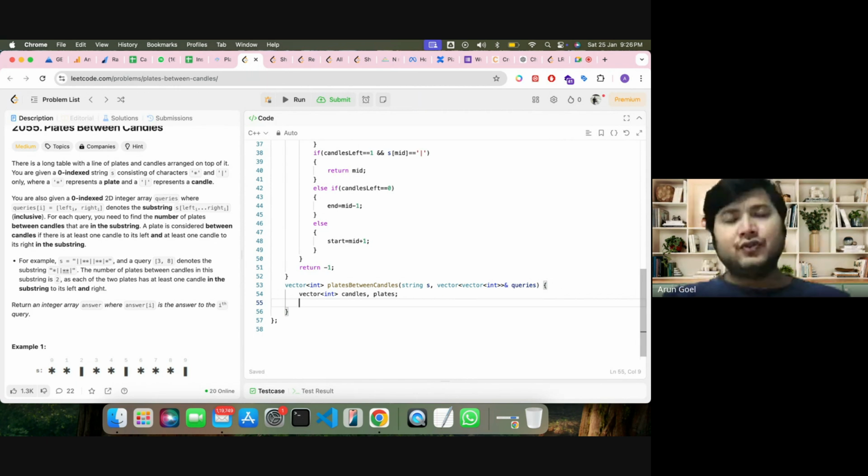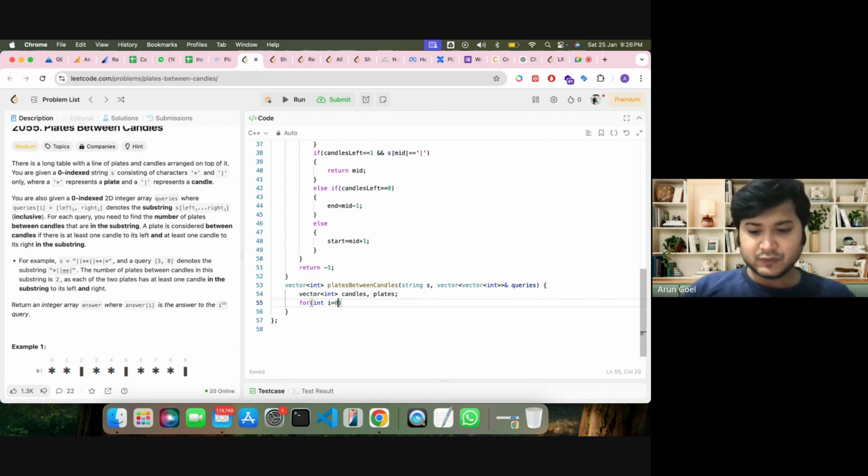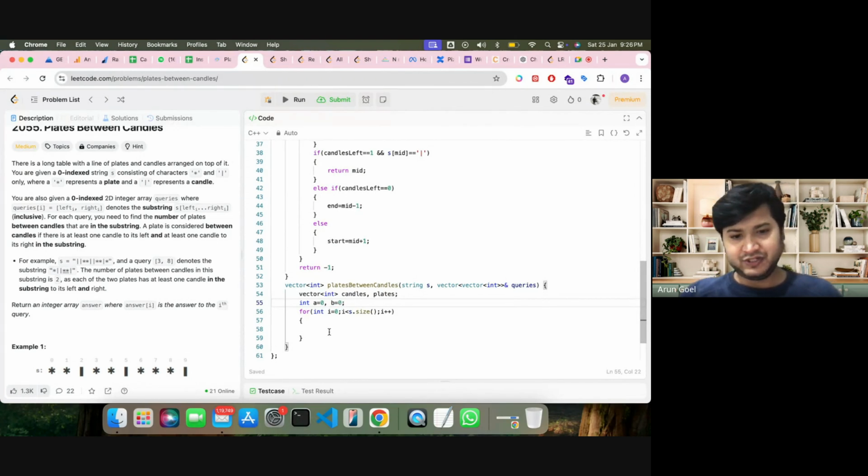Okay. Now I less than s dot size comma I plus plus, इसमें a equals to 0 ले लो and b equals to 0 ले लो, easy हो जाएगा. If my s of I equals to this pipe, which means this is a candle, right?